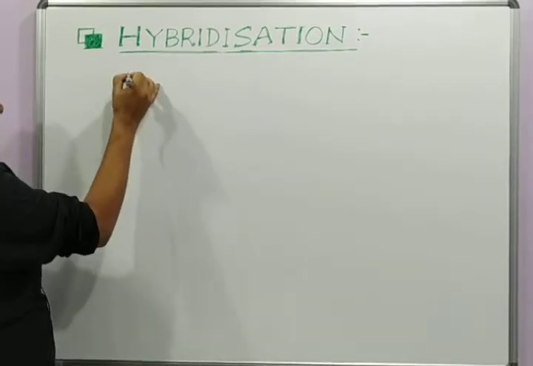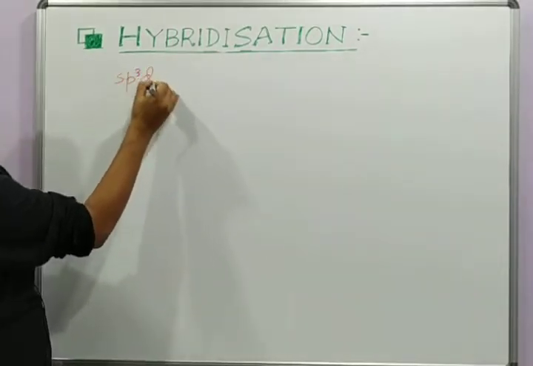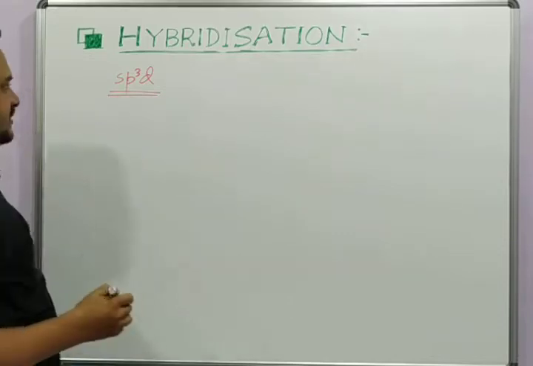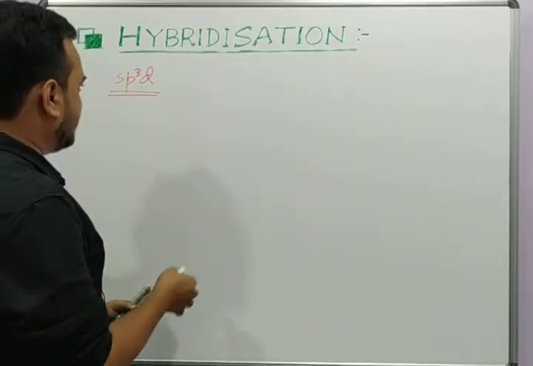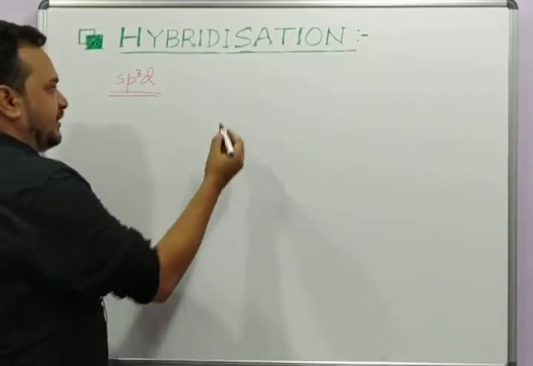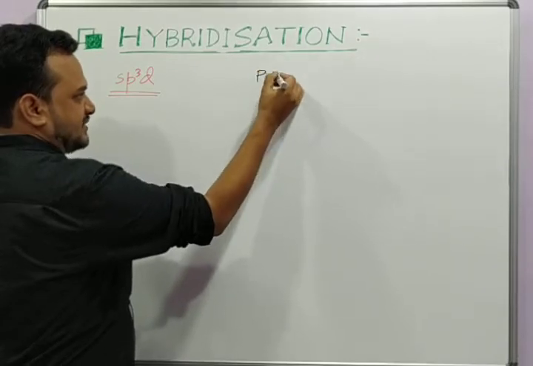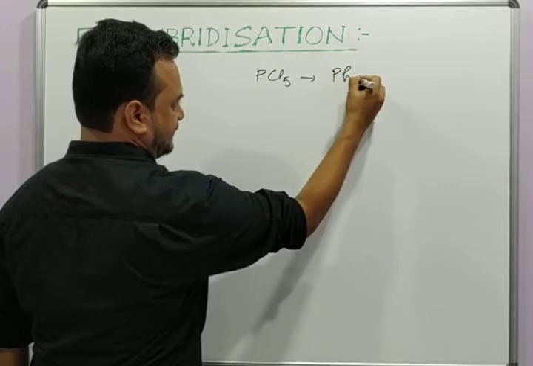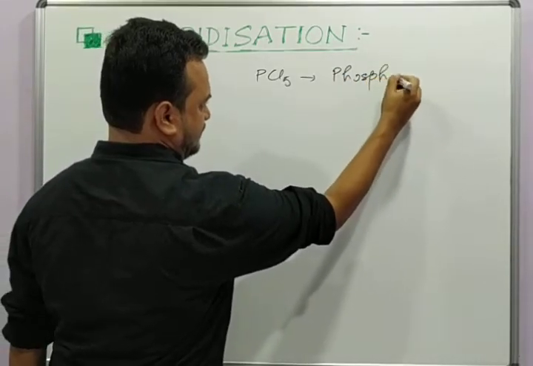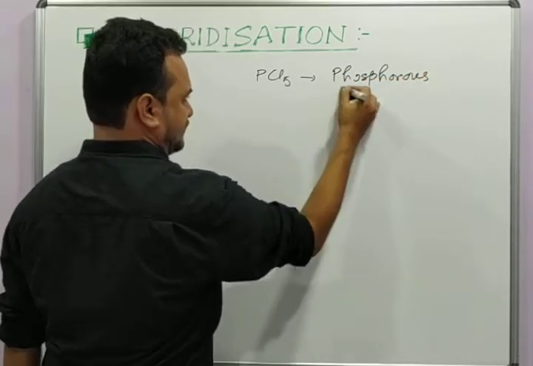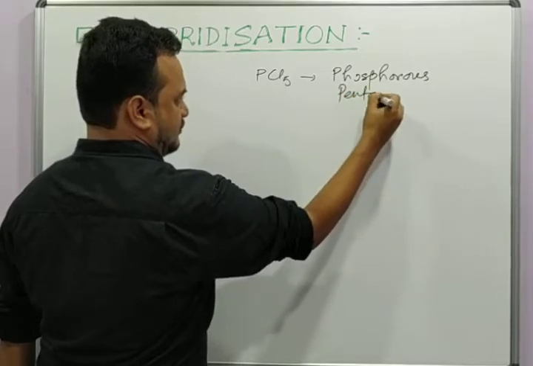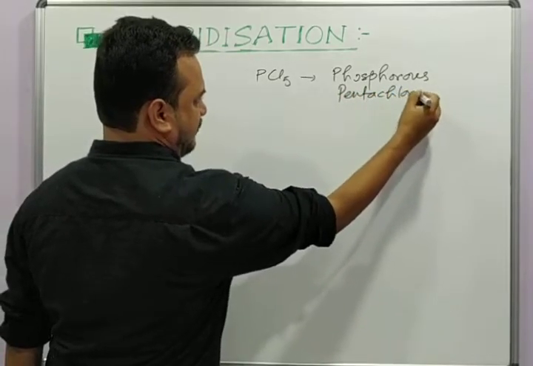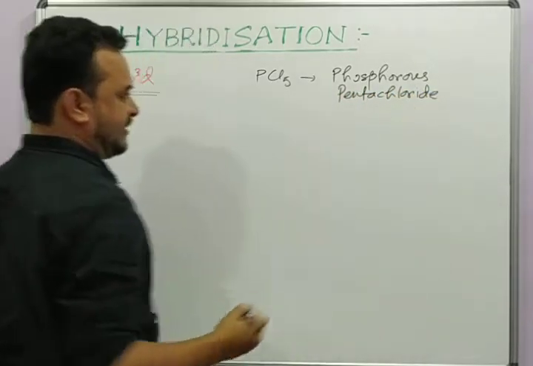So we are discussing sp3d hybridization. For this we are taking an example of a very well-known molecule, PCl5, phosphorus pentachloride. So the atomic number of phosphorus is 15, right?